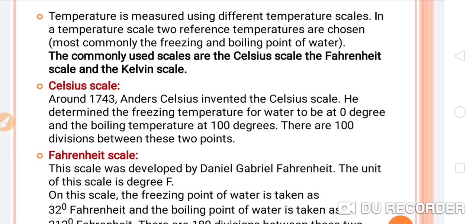There are 100 divisions between these two points. So on the Celsius scale, the freezing point of water is 0 degrees Celsius, and the boiling point of water is 100 degrees Celsius.